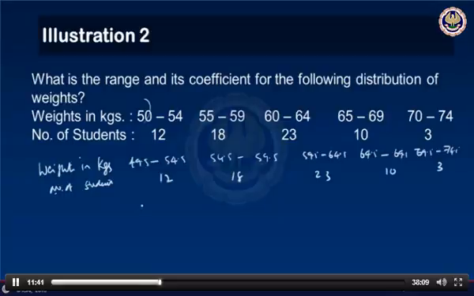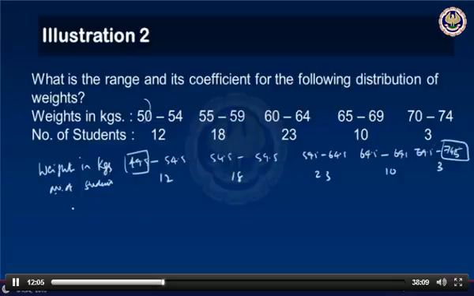For finding the range in the case of a grouped frequency distribution, here the lowest boundary is 49.5 kgs and the highest boundary is 74.5 kgs.